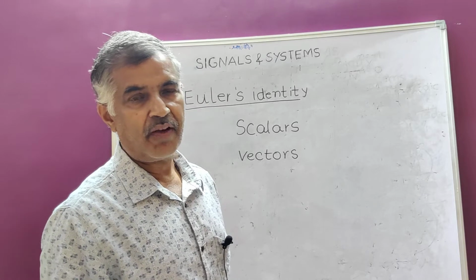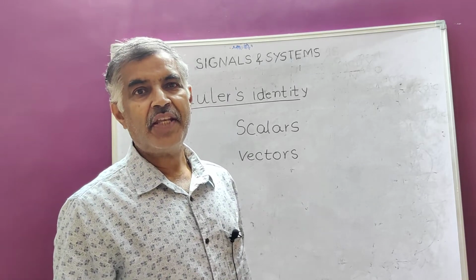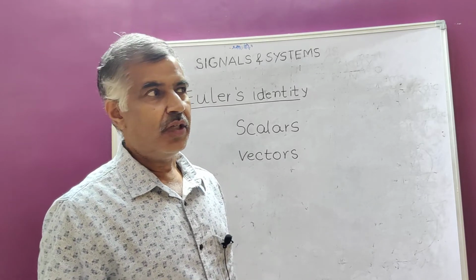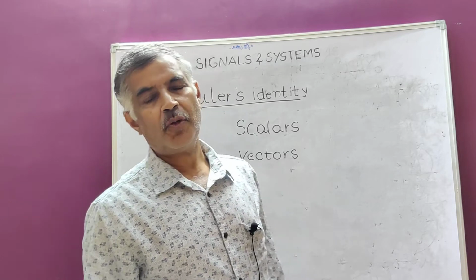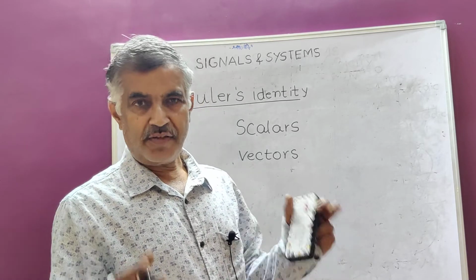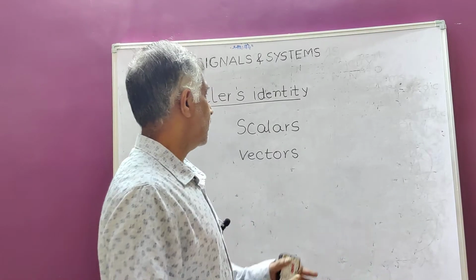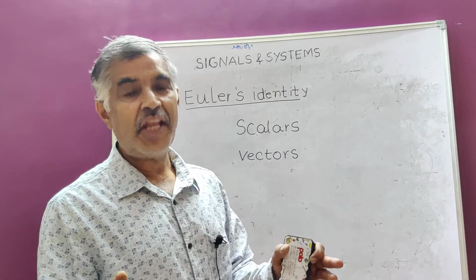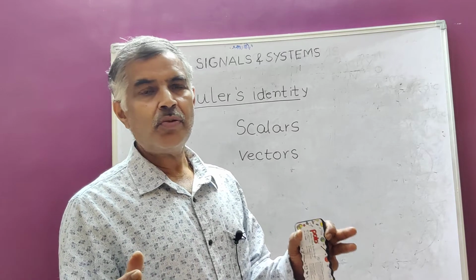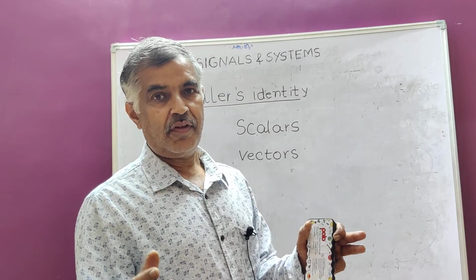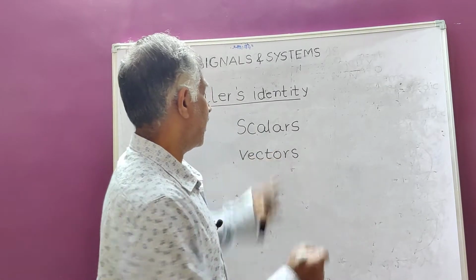I will give an example. For example, say 10 kg of tomato. If you say 10 kg of tomato, it means it is of 10 kg mass. It is only mass, amounting to 10 kg, and there is no direction. That is called a scalar.